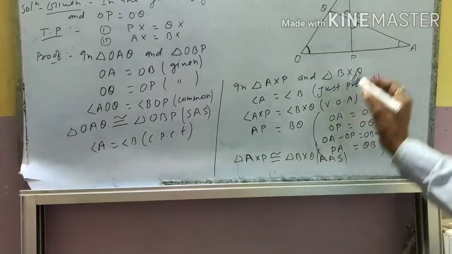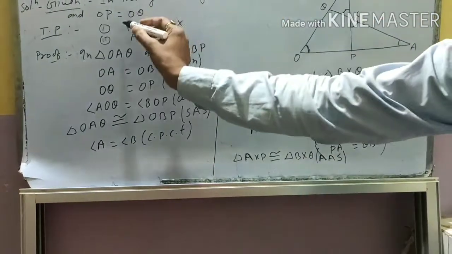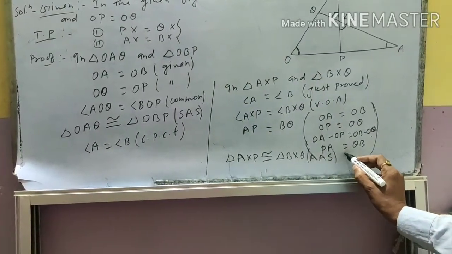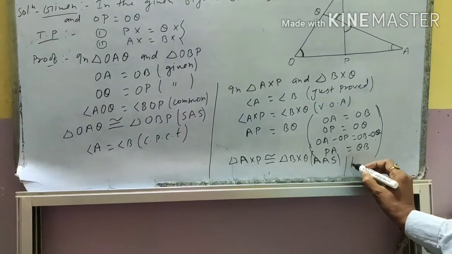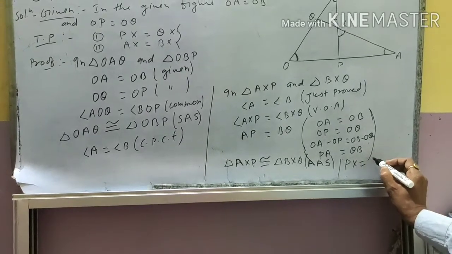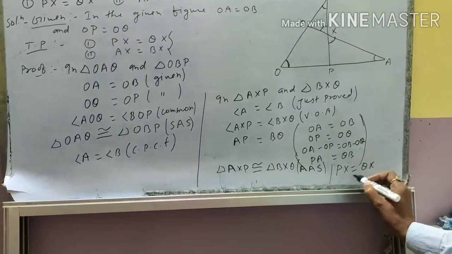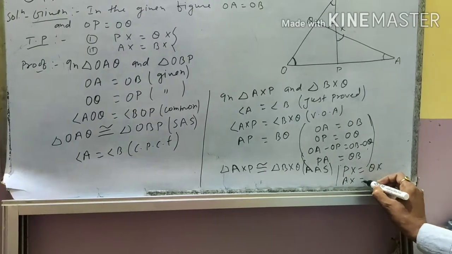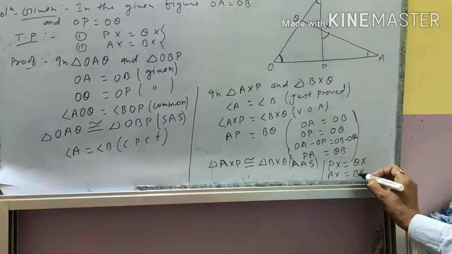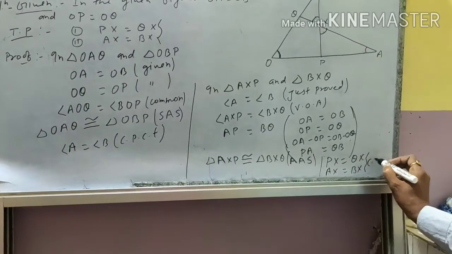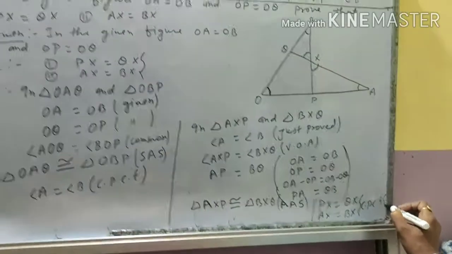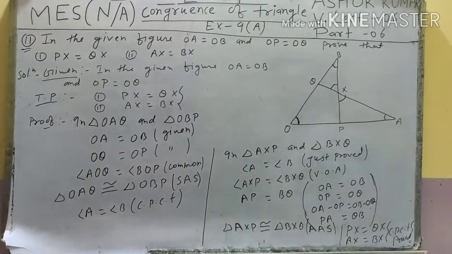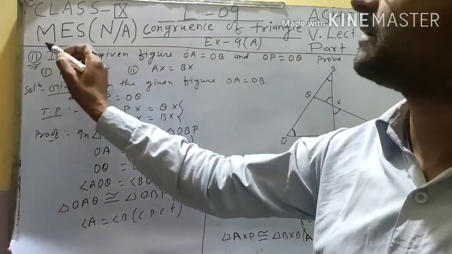By CPCT we can write PX is equal to QX, first thing, and second, AX is equal to BX by CPCT. Students, this is your proof. I hope you understand this question number 11.